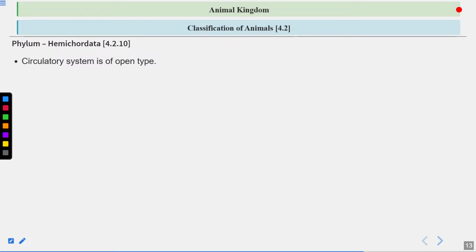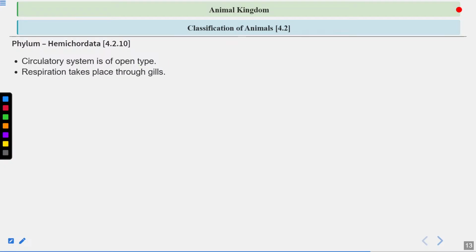In a closed system, like in humans, blood flows in arteries and veins, within blood vessels. But they have an open circulatory system, which means the blood flows through the sinuses and body cavities rather than being confined to blood vessels.